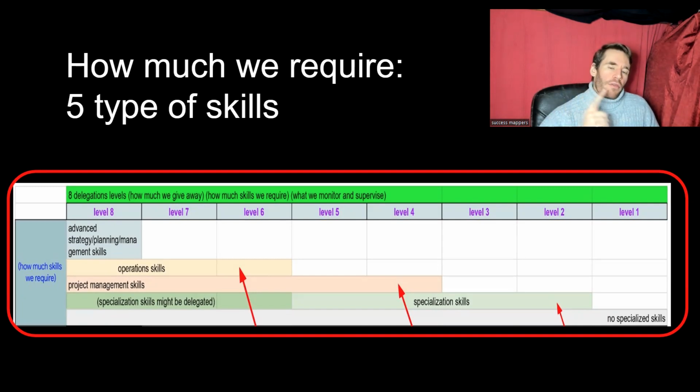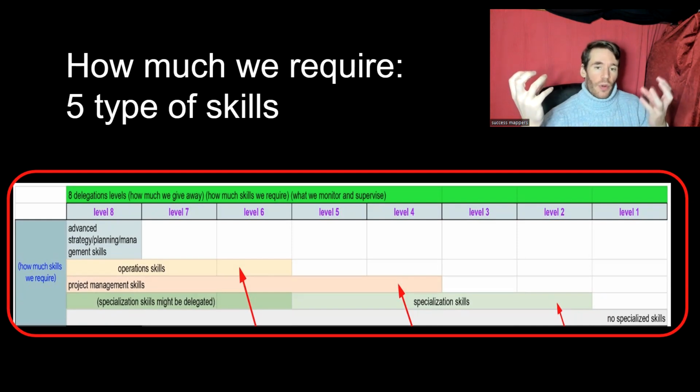In level 4 and 5, we are adding a project management skill that is not like the project management skill that you see in the courses around the internet. I mean that this person can manage a specialized project. So he has the skills and also has the project management skills to manage the specialization.